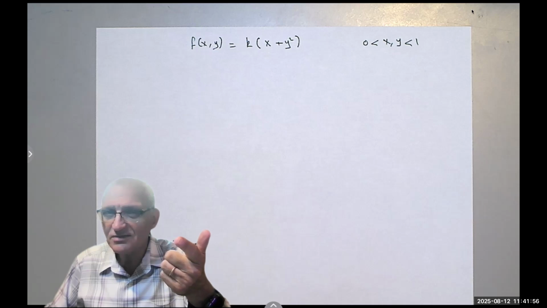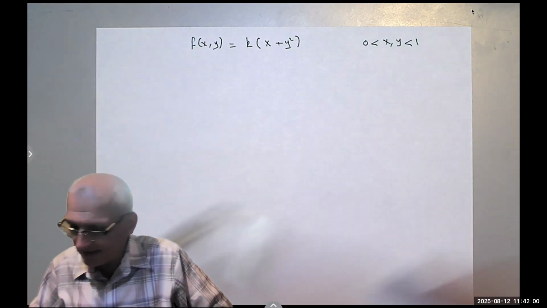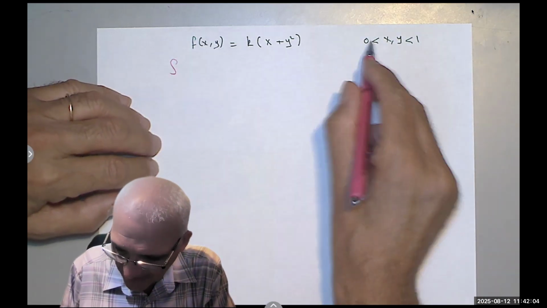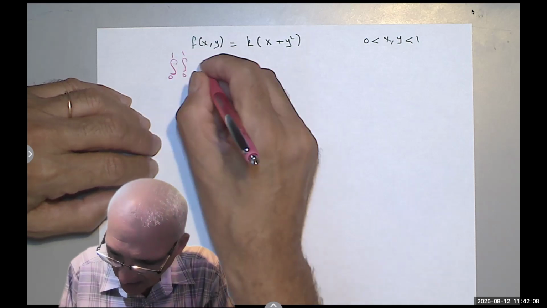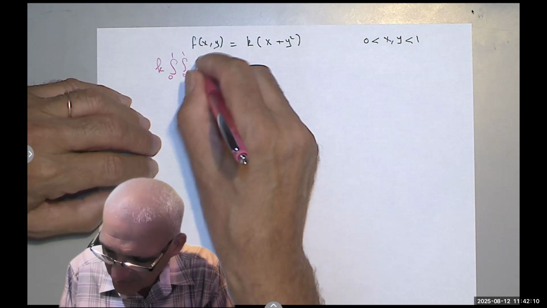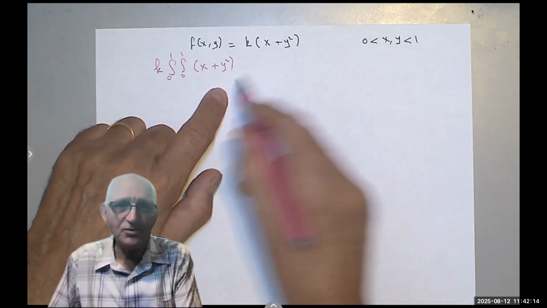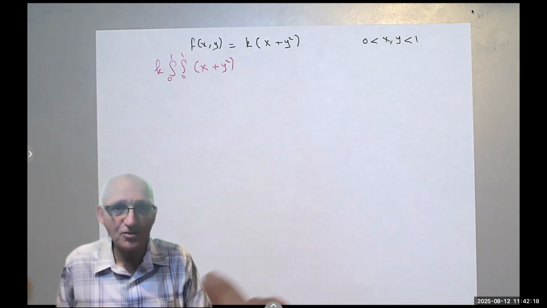Yes, you take the double integral, because you know that if I integrate this function for x and y between 0 and 1, 0 and 1 of k times x plus y squared, you can say dx dy or dy dx. It doesn't matter which one you start with since both are going from 0 to 1.